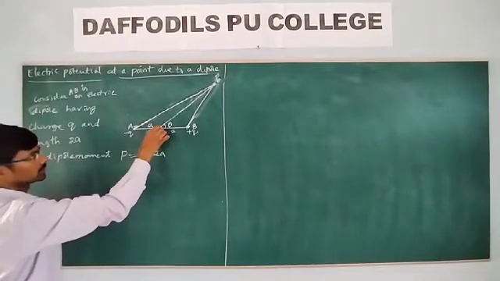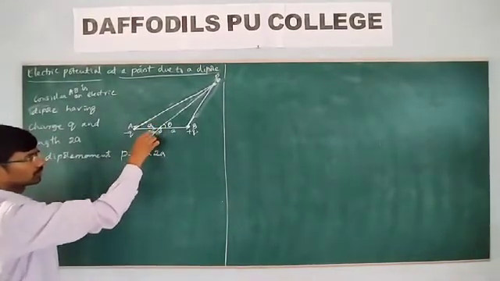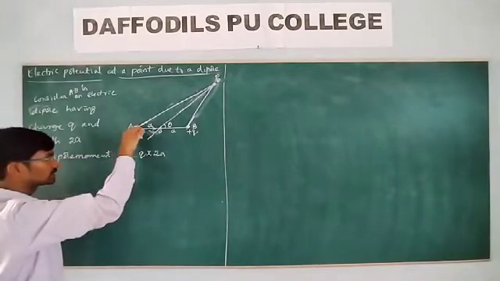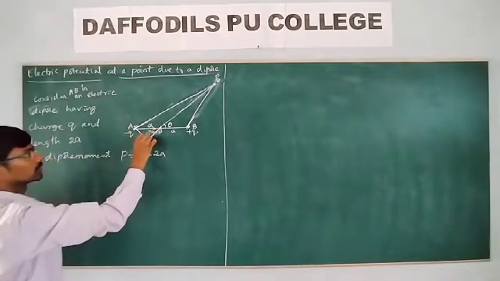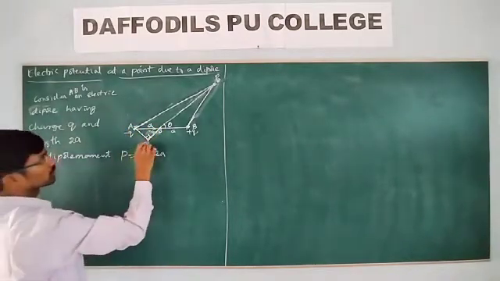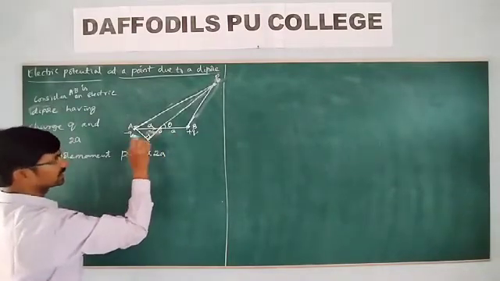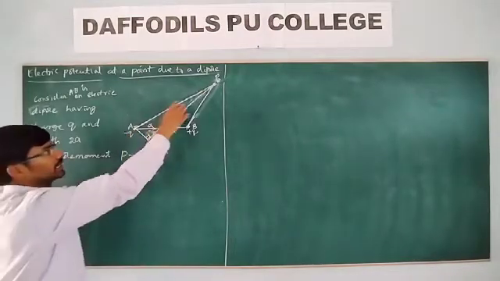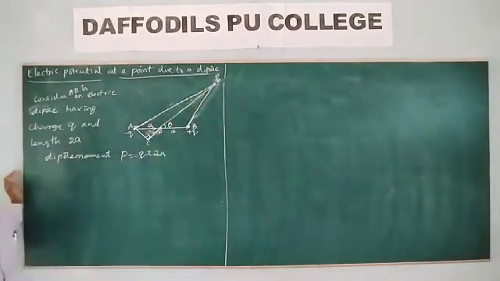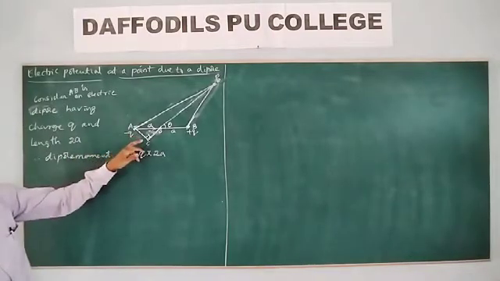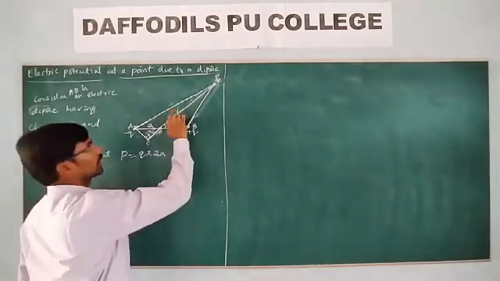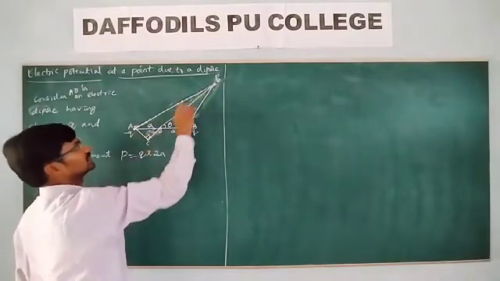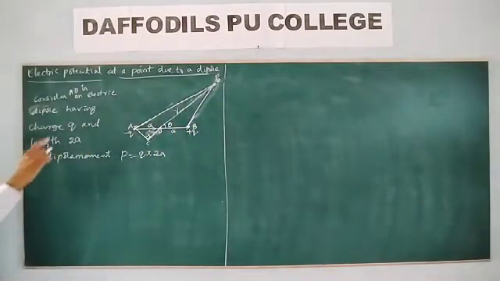Let me extend this line and draw a perpendicular from P to it, and let me call the foot C. Now you can see that AB and CP are almost parallel. Then what is the AP value? Here this is r.